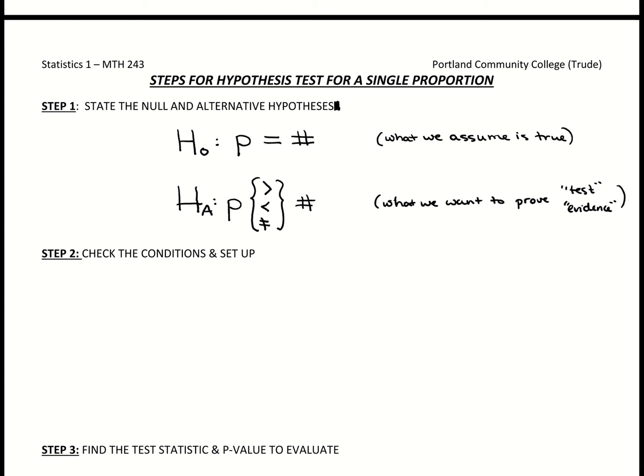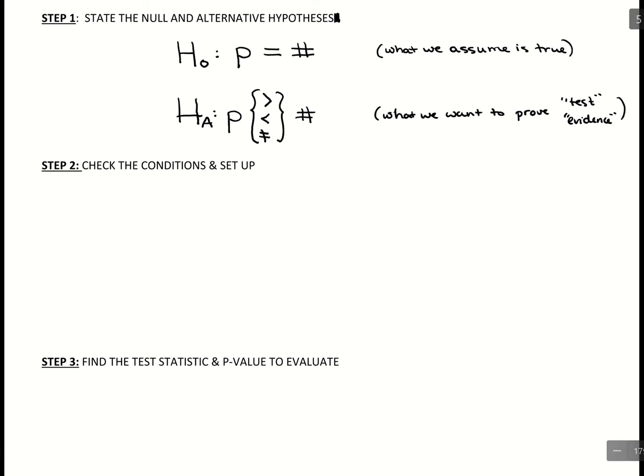Then our next piece is to check the conditions, and then I also throw in this little setup piece that I'll talk through as well. But for checking the conditions, you want to check independence, randomization, and then success failure.